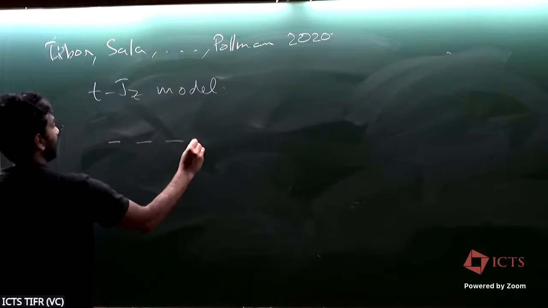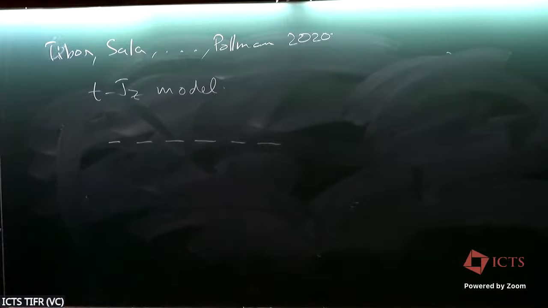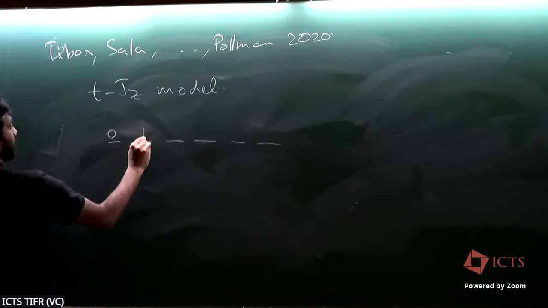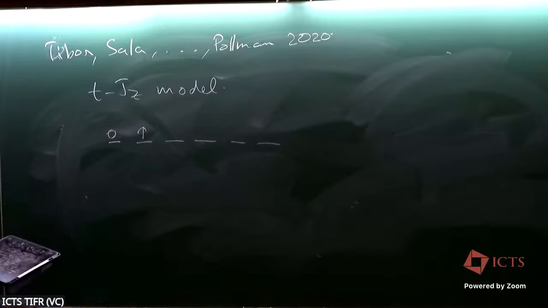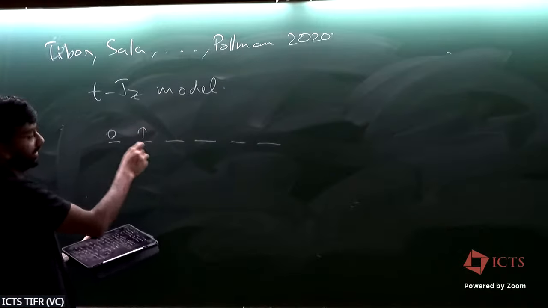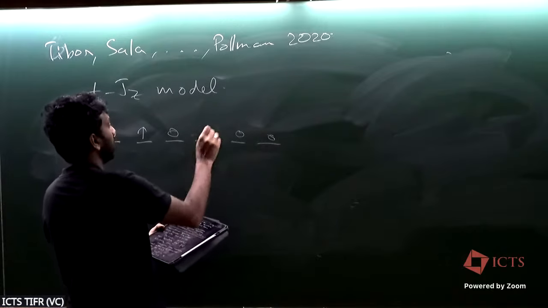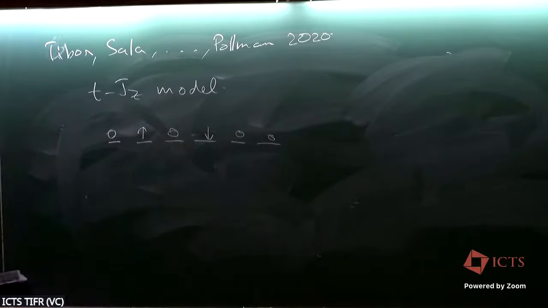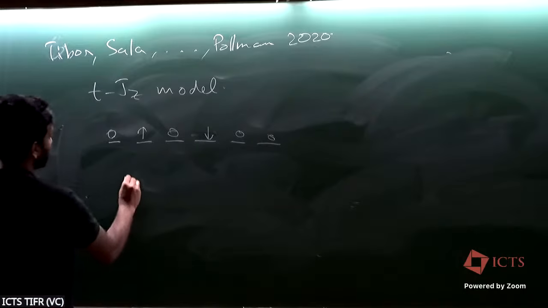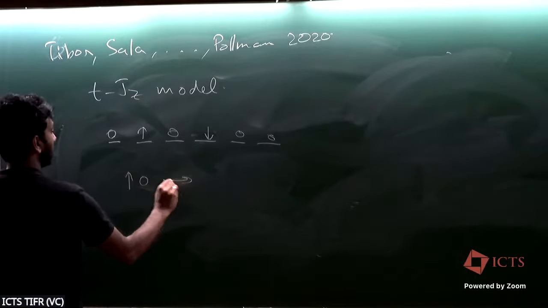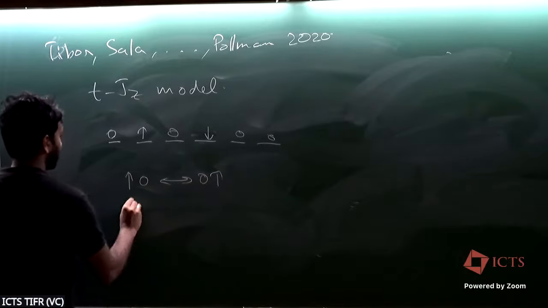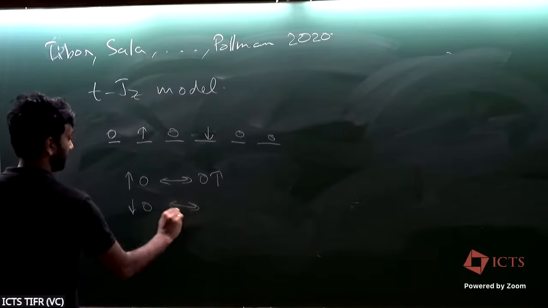So this is a model of free fermions, or not necessarily fermions, but free particles which are labeled by some up or down spin. And then you can consider a model where these up spins can hop freely, or the down spins can hop freely.